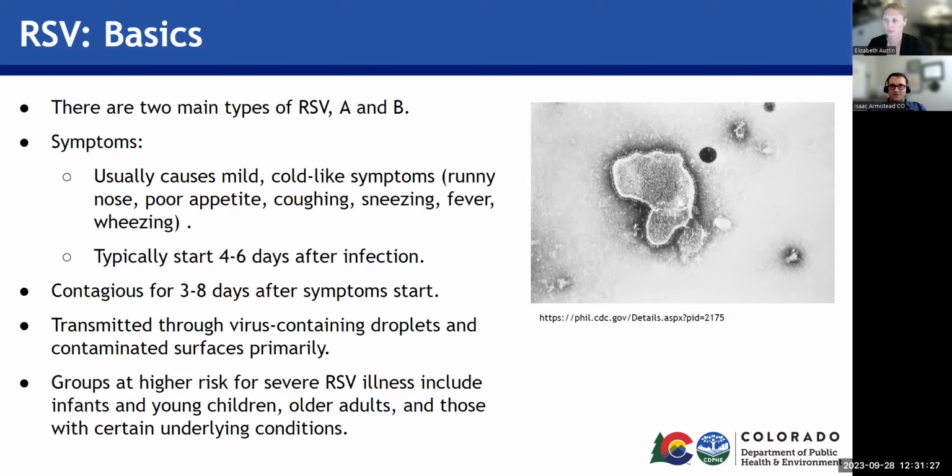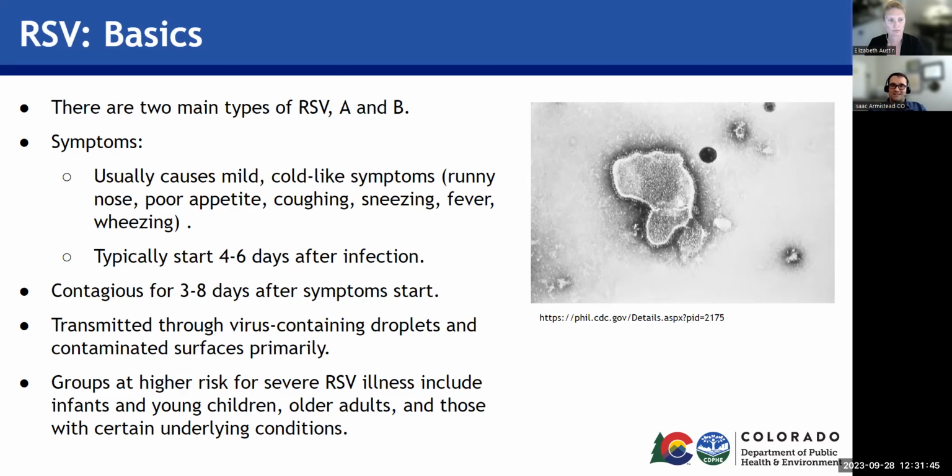Similar to influenza, the groups that are at high risk for severe RSV disease after an infection include the extremes of the age spectrum, infants and younger children, and then older adults.